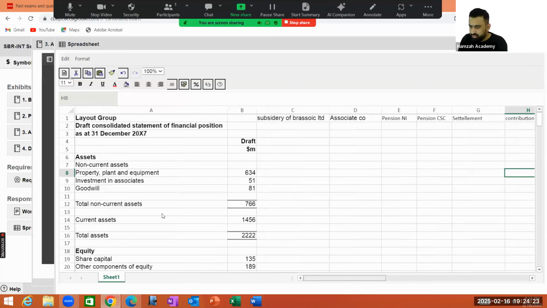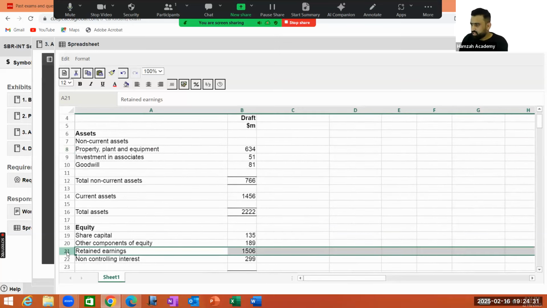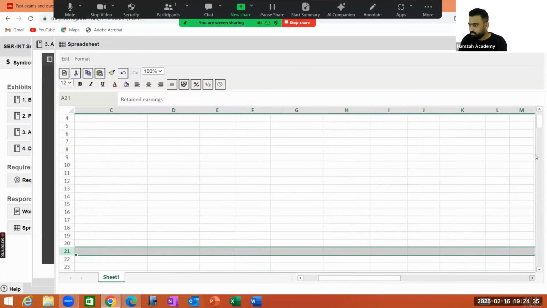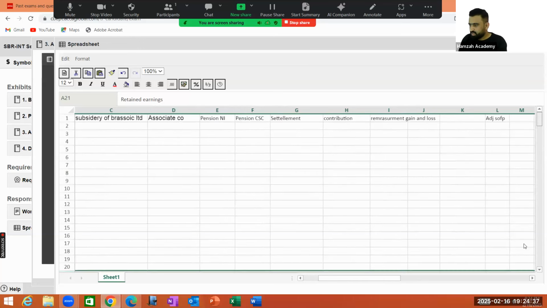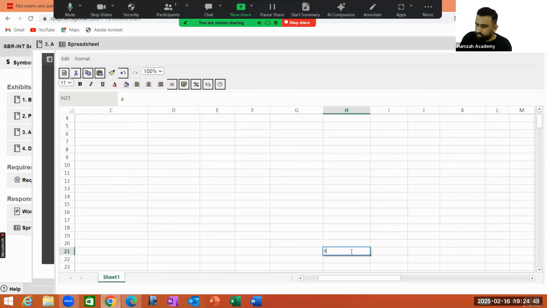And you have the retained earnings here in the draft financial position, look at here, I21. And you have a contribution, H21. So here, H21, you will add the 4. 4 will be added here.